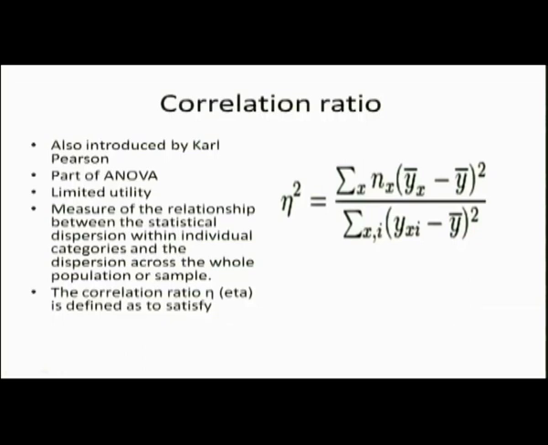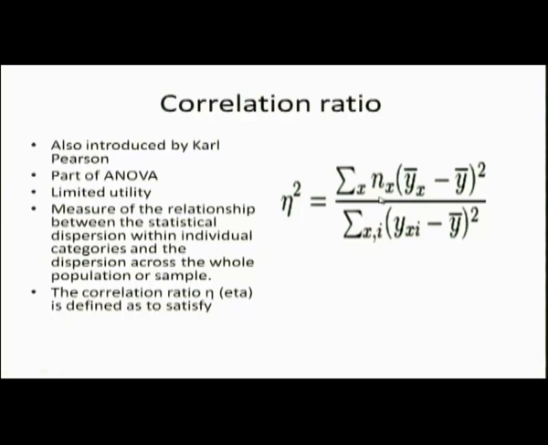Sometimes you have nonlinear relationships or means of dependent variables are given for different categories of x's. So, you calculate correlation ratio, square of correlation ratio eta square. The y x bar is the mean of y values for a given value of x, and y bar is the overall mean.